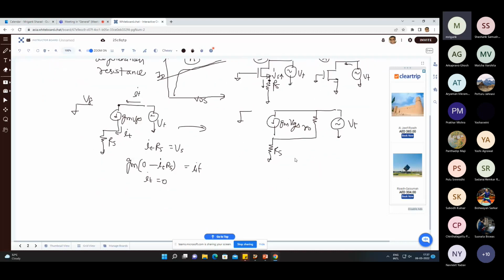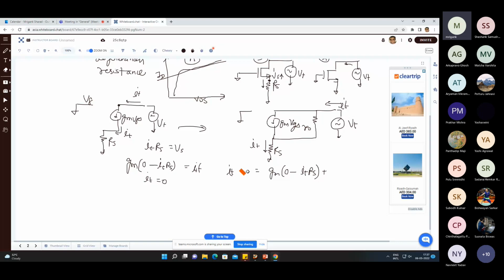Now you have RO also in the path, and then I can write down the same equation. If I assume that this is your net IT, and here you have the same IT exiting, I can write down IT into RS is the voltage over here, and I can write down the net current equation.